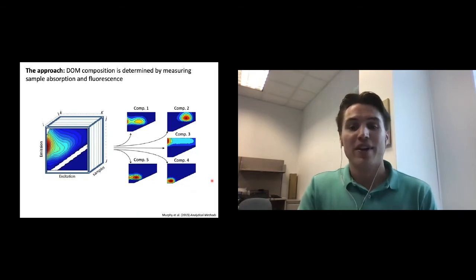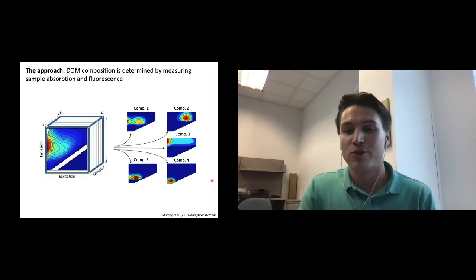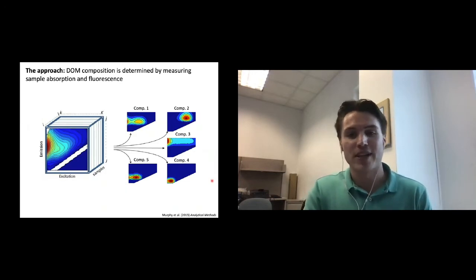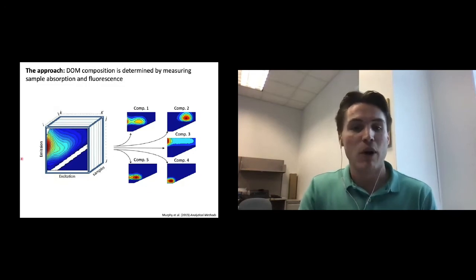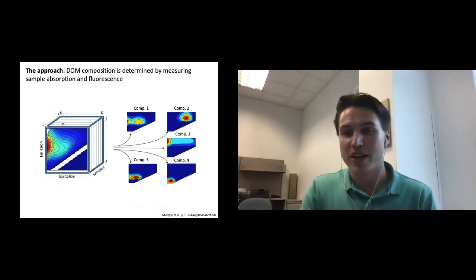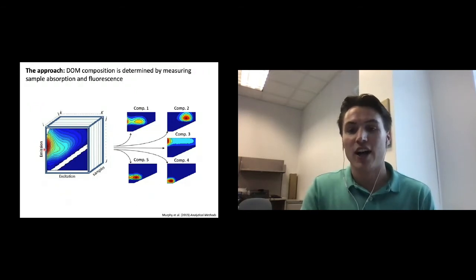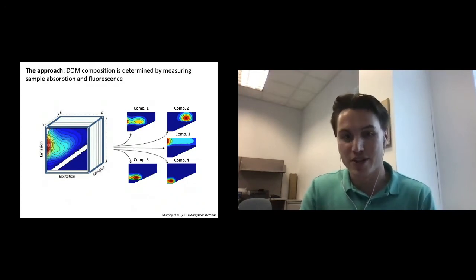So within a given sample, that sample can absorb and fluoresce light at certain wavelengths along the visible spectrum of light, depending on its source and composition, producing what we call an excitation emission matrix, shown here. And you can see from the red color as opposed to the blue color that there is a peak intensity that occurs along certain wavelengths. And that peak intensity differs between samples according to its composition.